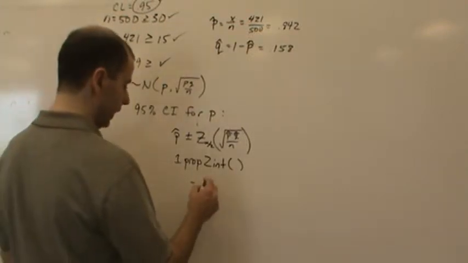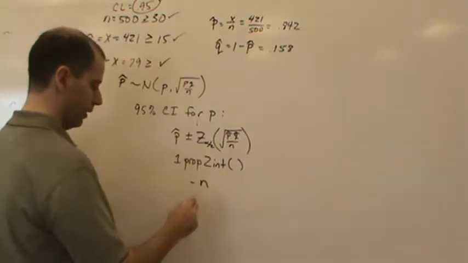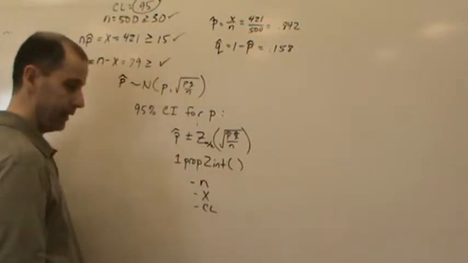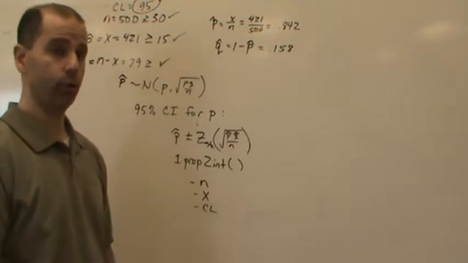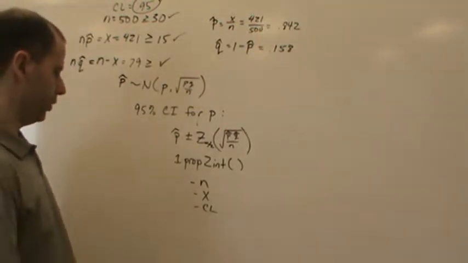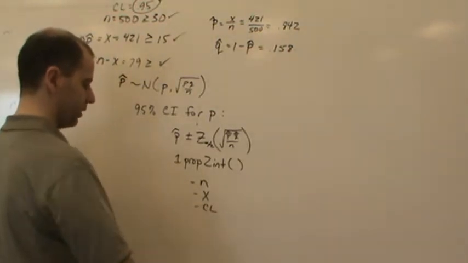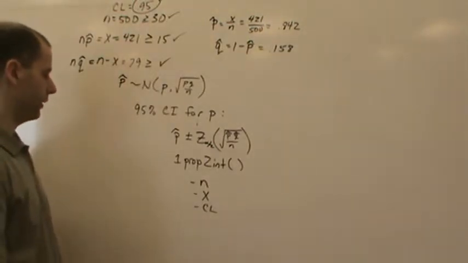You're going to need to put in the sample size, you're going to need to put in x, and you're going to need to put in the confidence level. That's it. Frequency, remember, you leave alone. You're not touching that. These are the only 3 things you're going to change: the sample size, n, x, and confidence level. Okay? That's all you have to do.